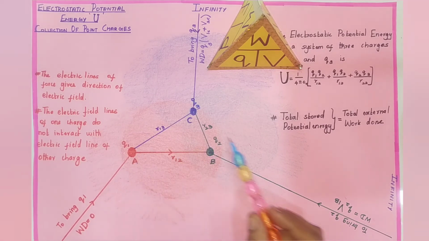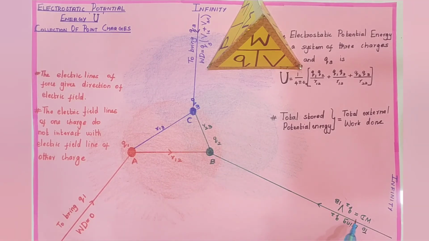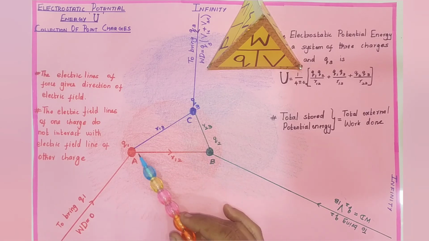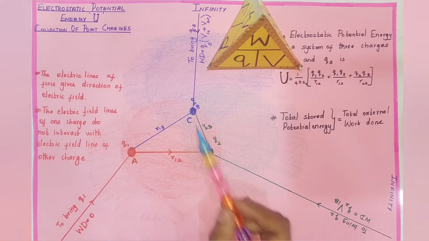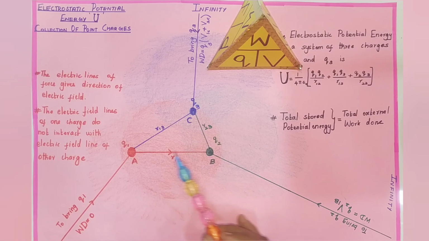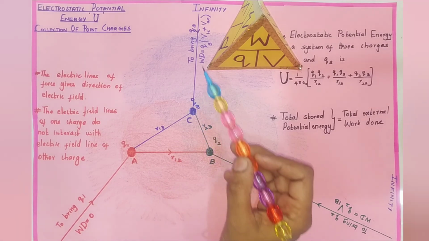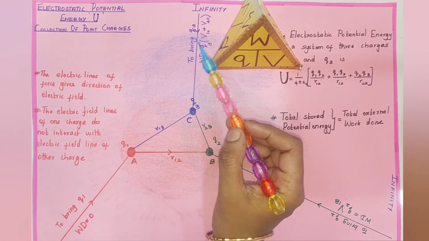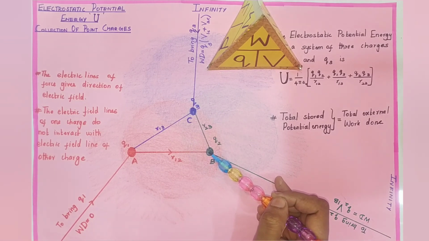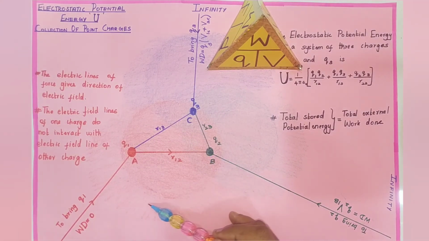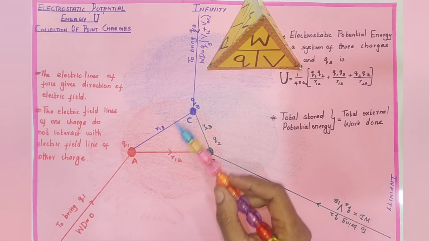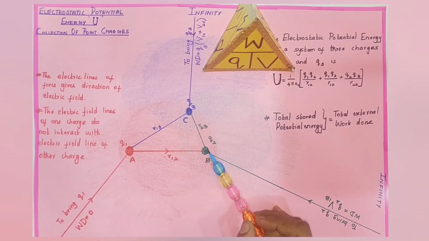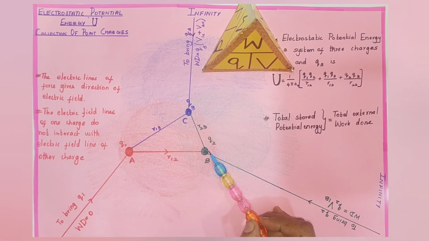Then we bring the charge Q2 from infinity into the electric field created by the charge Q1. And then we bring the charge Q3 from infinity into the field created by both the charges Q1 and Q2. Total work done here is the total electrostatic potential energy.